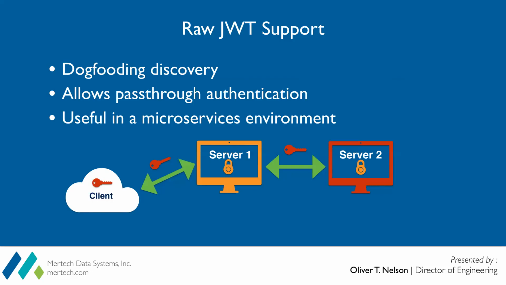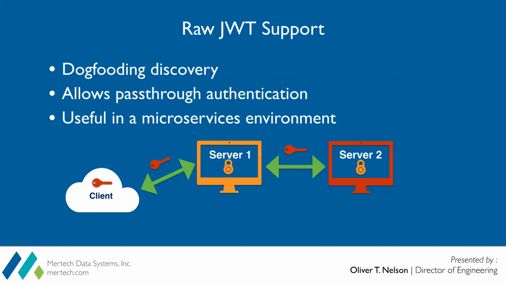Well, normally what would occur is that the server that receives the first call would decode the token and verify its authenticity. And then, of course, we've got all of our stuff built in for handling the authorization and authentication there. And normally that would be as far as you could go.